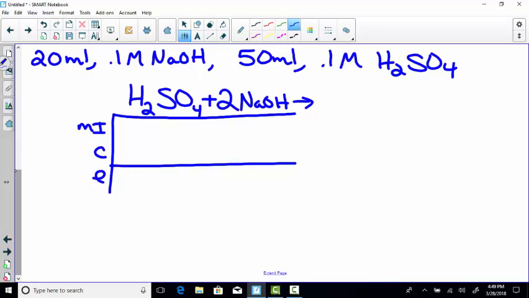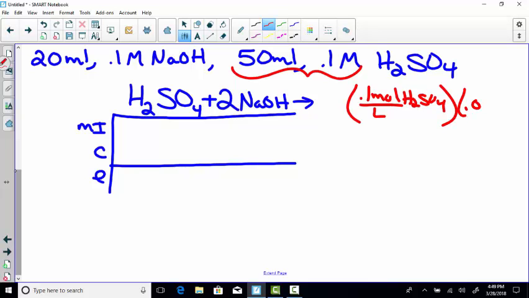Some things that we need to deal with initially is we need to know what our initial moles of H2SO4 are. So we can do a quick side calculation. We have 0.1 mole per liter of the H2SO4, and we have 0.05 liters of that.